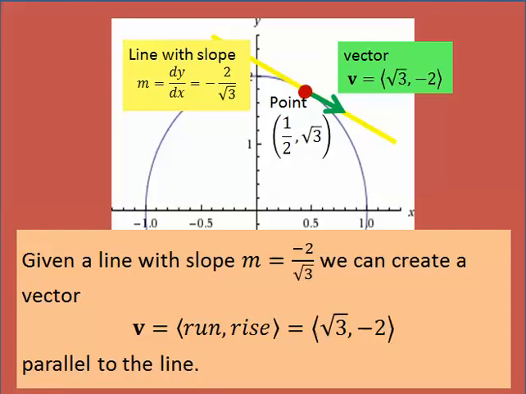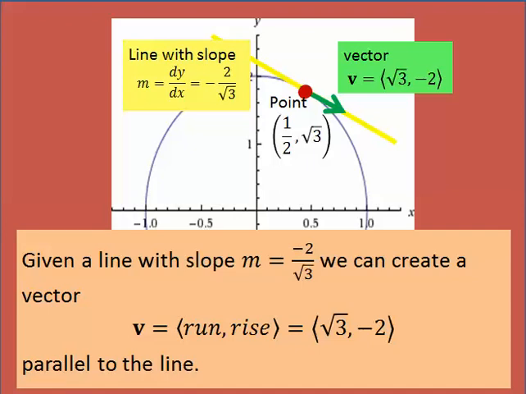If you think about the slope of this vector, it would be the y component over the x component, and so I'd get rise over run. So I'm looking at -2 over radical 3, and I make a vector out of that, and that vector is parallel to the tangent line.